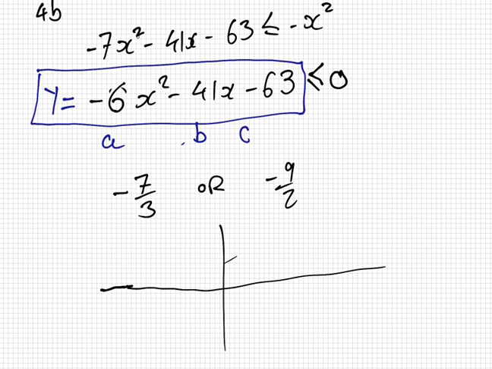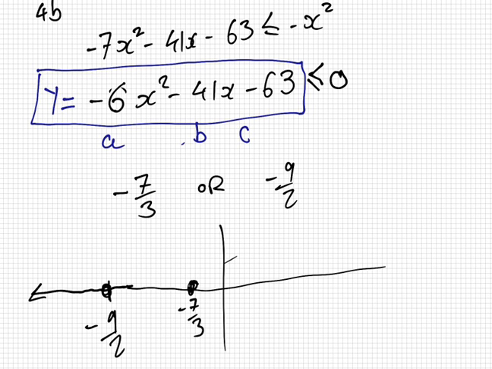Here I took the minus x squared to the left. Oh, okay. Yeah. Minus 4.5 and minus 2.3. So the minus 9 over 2 is further out. And then here's minus 7 over 3. Okay, so there are the two roots.